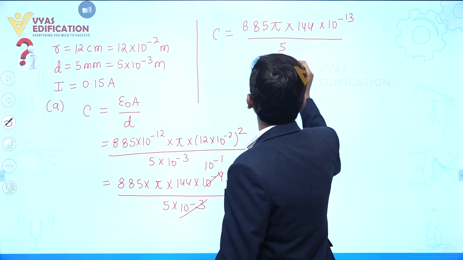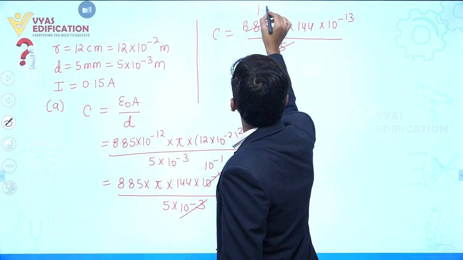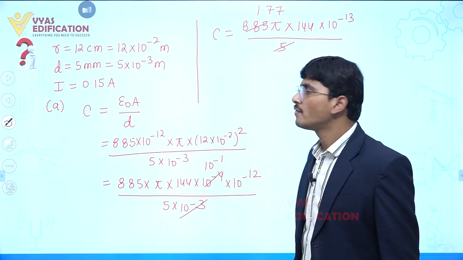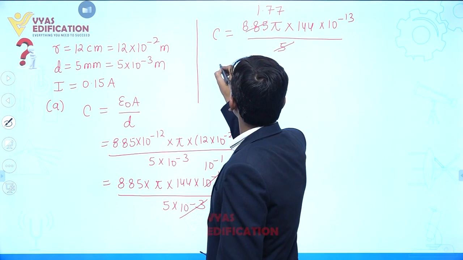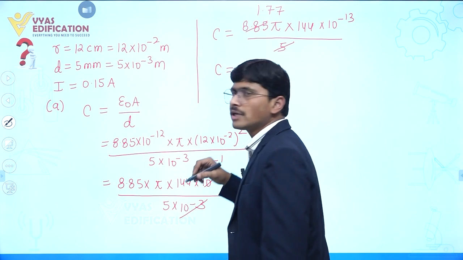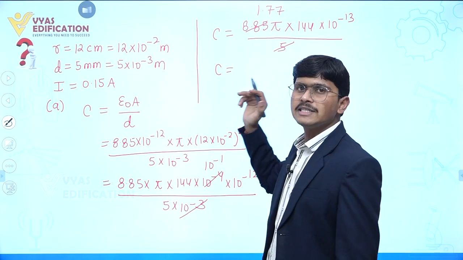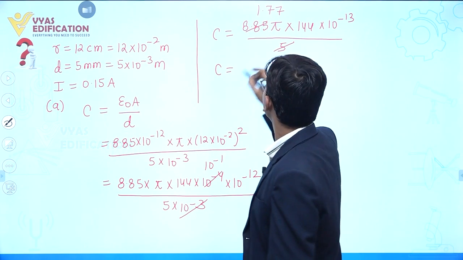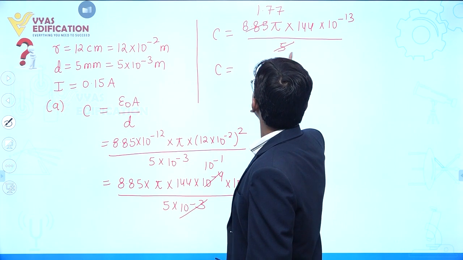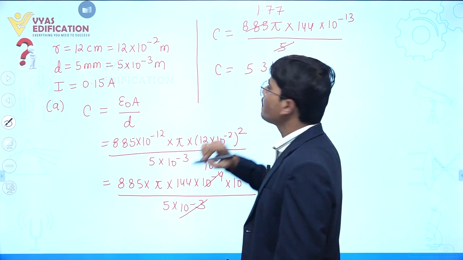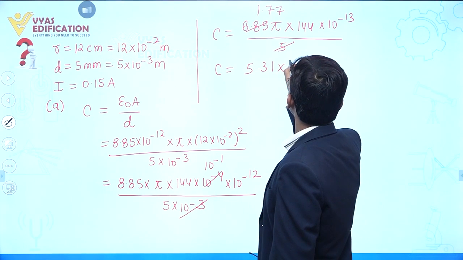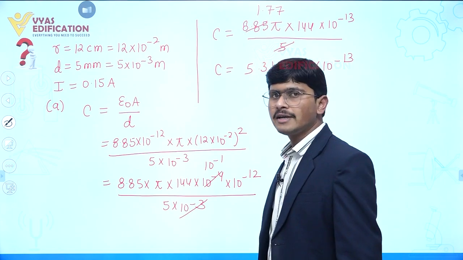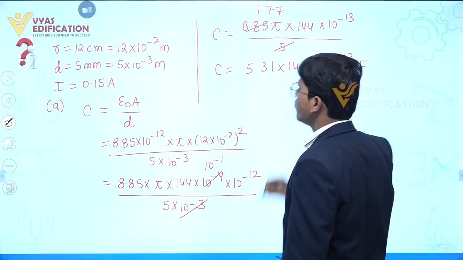If you solve it, 8.85 divided by 5 is 1.77, so 1.77 pi into 144 into 10 to the power minus 13. Now let's suppose pi is near about 3. So 3 multiply 1.77, this is 5.31. Clear? 5.31 multiply 144 into 10 to the power minus 13. And this value we have in farad.